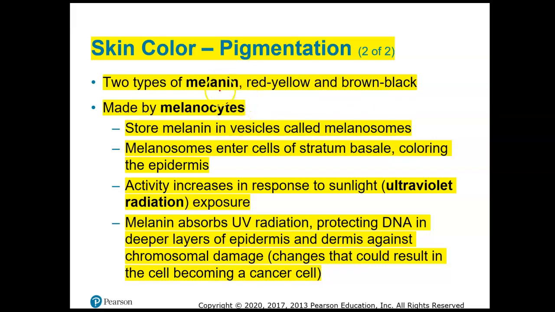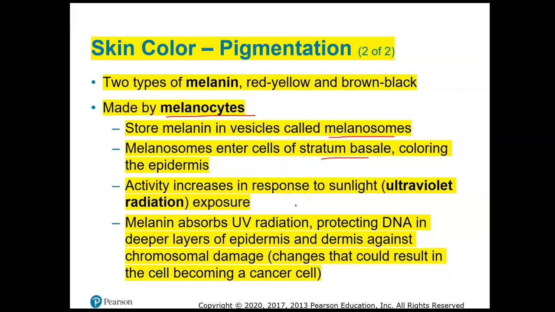But melanin is produced by melanocytes. Melanocytes are cells which are found in the stratum basale. Melanocytes are cells that store the pigment melanin in vesicles, and those vesicles are called melanosomes.